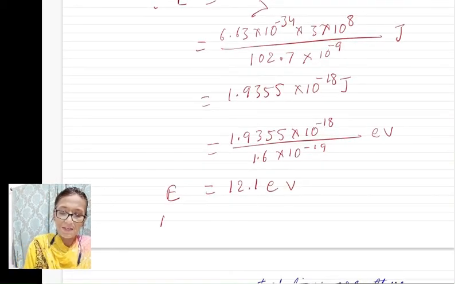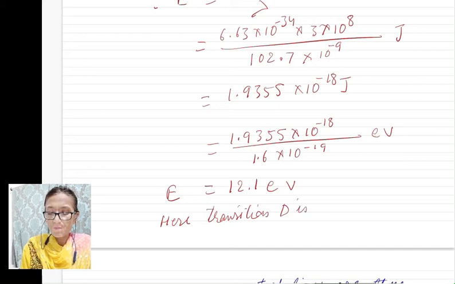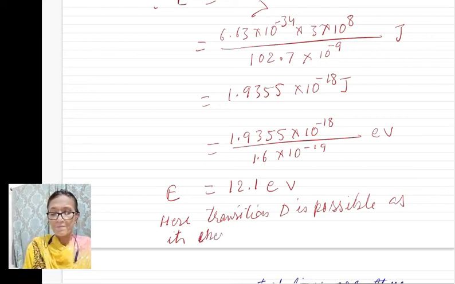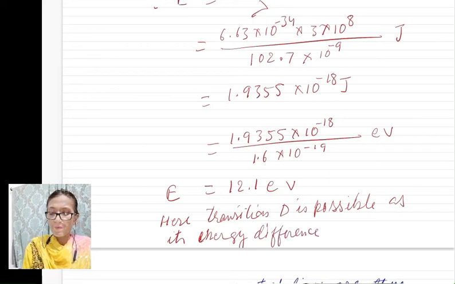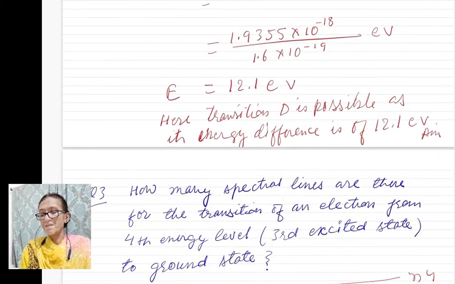Here transition D is possible as its energy difference is 12.1 electron volt. So this is your answer.